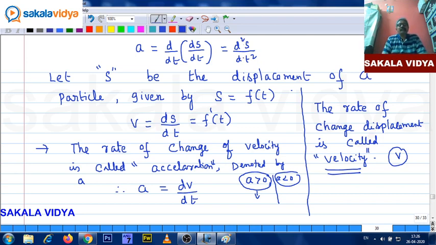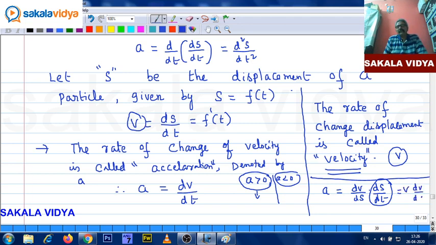Moreover, the same a can be written as dv by ds into ds by dt. Here, acceleration is dv by dt, that I have written as dv by ds, ds by dt. ds by dt is nothing but velocity. So this can be written as v times dv by ds also. Okay, so these are the concepts about velocity and acceleration that we have discussed.